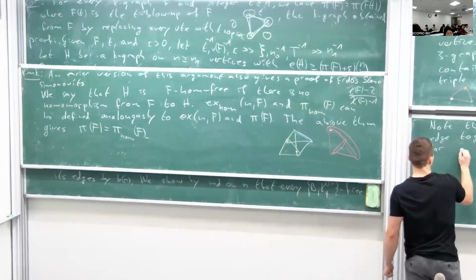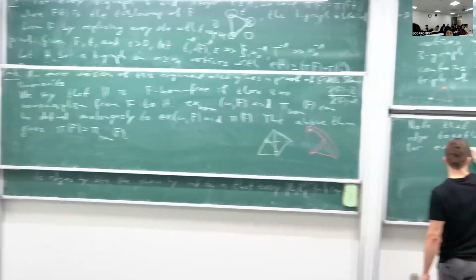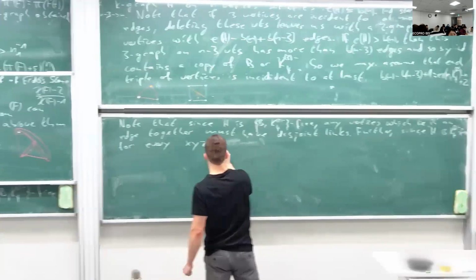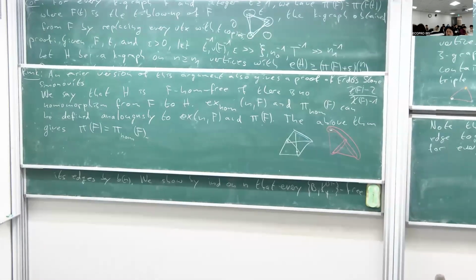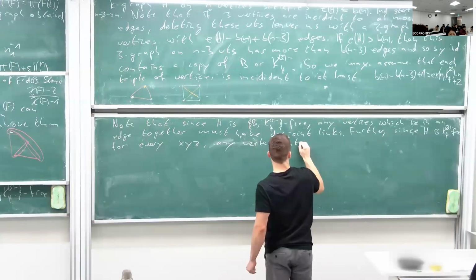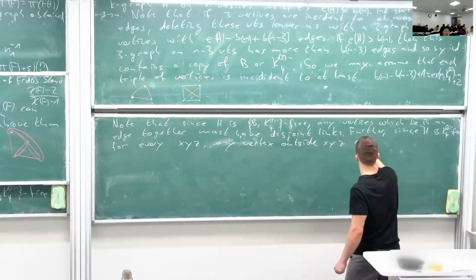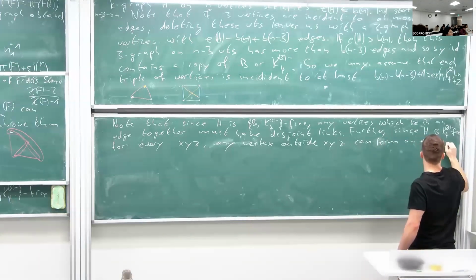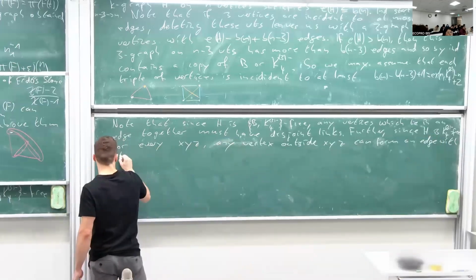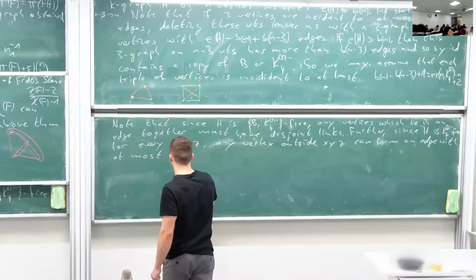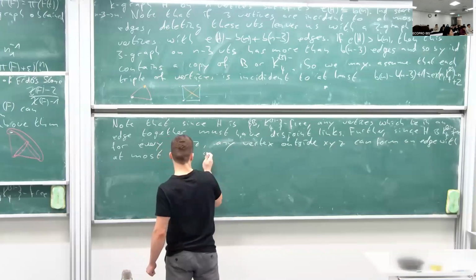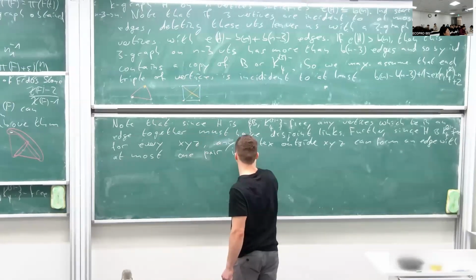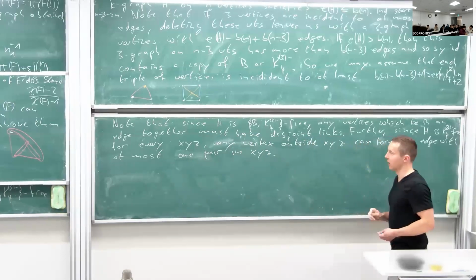So for every edge x, y, z, any vertex outside x, y, z can form an edge with at most 1 pair of x, y, z.